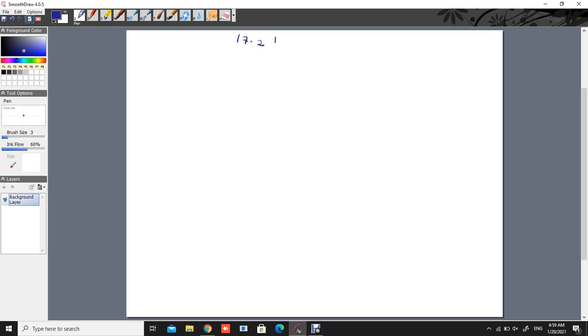The areas of a parallelogram and trapezium.